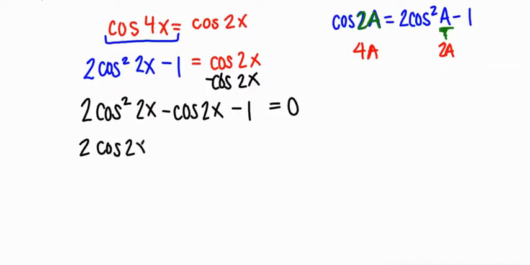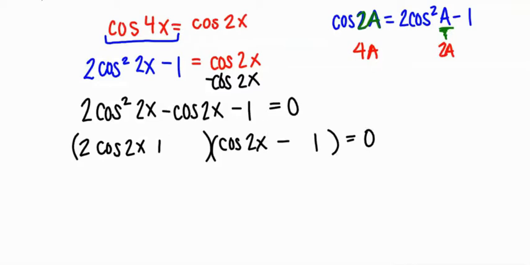2 cosine of 2x and cosine of 2x equals 0, so that I can use the zero product property. I want the outer and the inner terms to add to be negative 1.